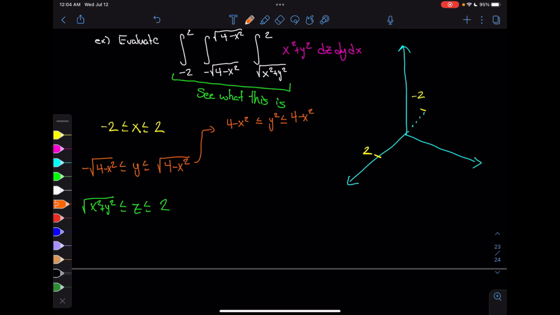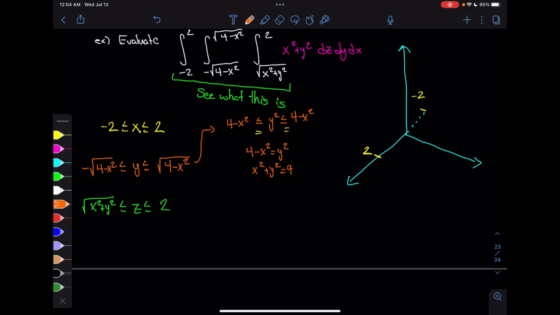And if something is less than or equal to and greater than or equal to something, it can't be both unless they're equal. So what this is telling me is that the boundary of this shape is 4 minus x squared equals y squared, which hopefully we recognize as x squared plus y squared equals 4, which is a circle.